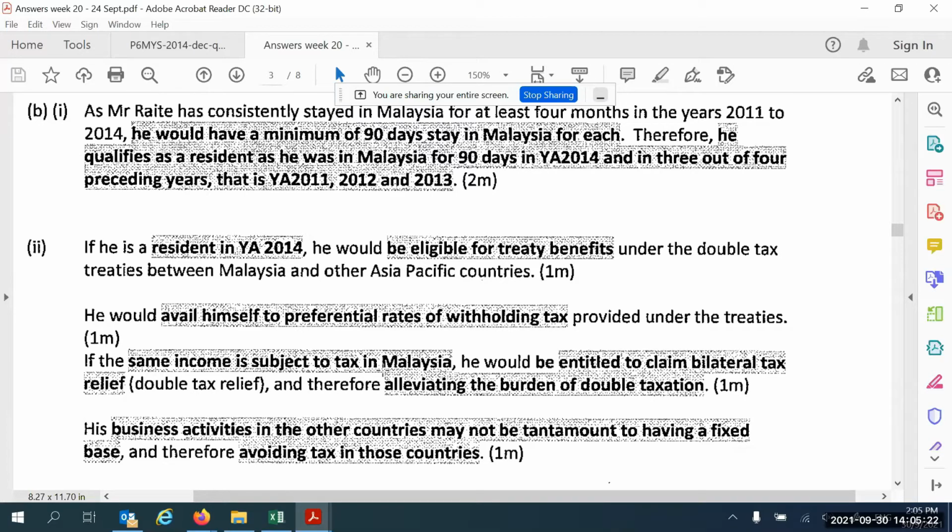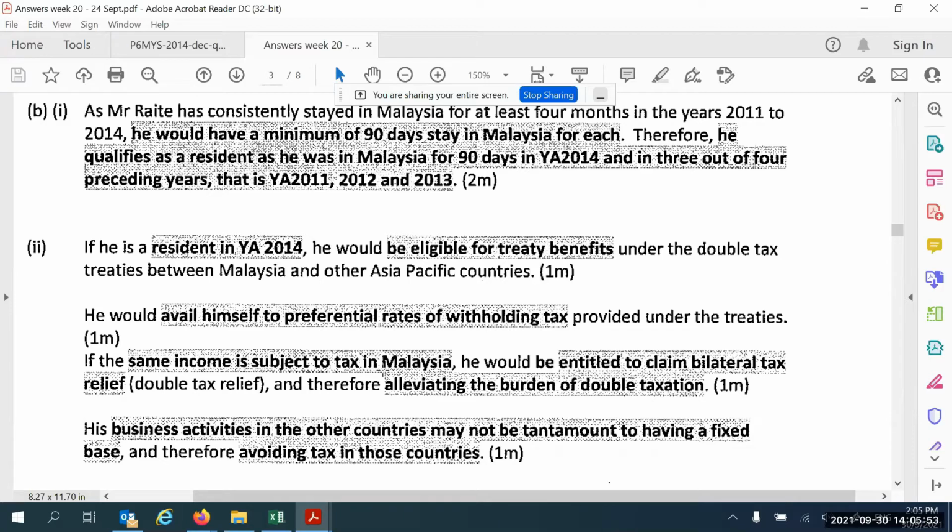Okay, now here is a bit hard for you to look at. Business activities in other countries may not be tantamount to having a fixed base. So this is like a permanent establishment. Sorry, you have not really learned what a permanent establishment is, so I'll just use place of business. So he will avoid tax in those countries because he doesn't have a place of business.